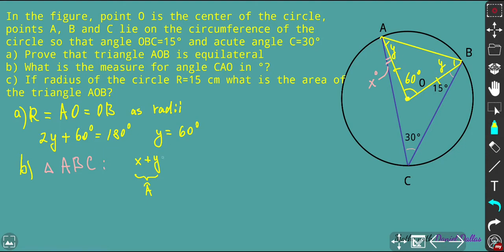Next, we add angle B, which is represented by Y plus 15 degrees. That's going to be angle B. And let's add angle C, which is 30 degrees. So all three angles should form 180 degrees. Because we know Y from the previous question, we can plug in and solve the equation for X. So 2 Y's will give you 120.